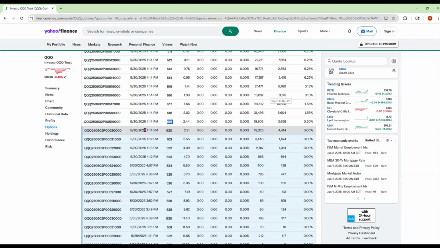What a put means, and we'll get into puts and calls later in the class, is they're going to pay you or you're going to pay them for the option to purchase QQQ at $519. And that would be paid for $2.44 a share.